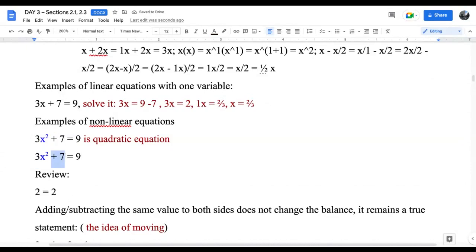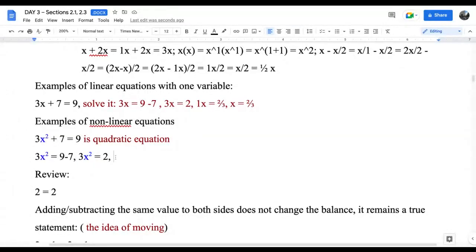So first I move 7 to the other side. When I move, it becomes negative. So it becomes minus 7. Well, that means it's easier for me to copy and paste. That means 3x squared equals 9 minus 7 is 2, right? So then now we divide by 3, because 3 is a scalar or coefficient of x squared.